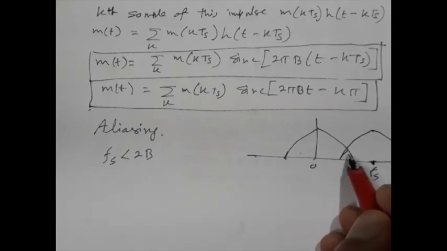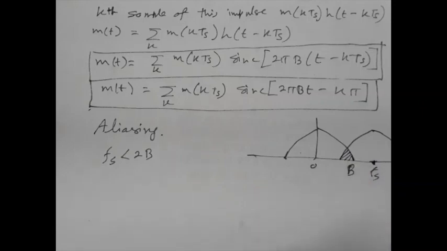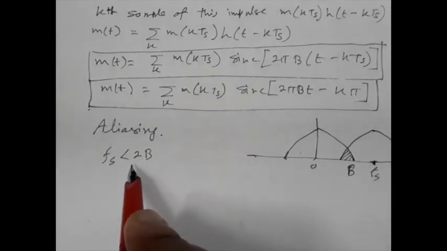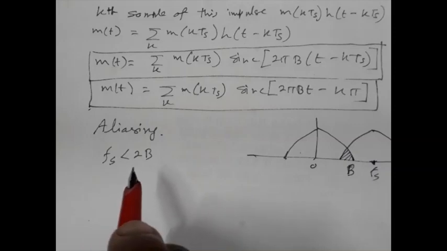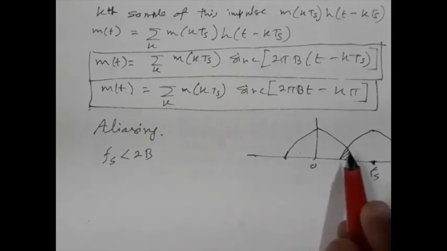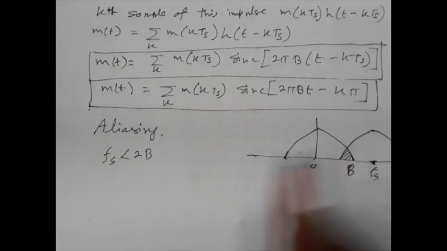So here you can see there is some overlap. When a continuous time band limited signal is sampled at a rate lower than Nyquist rate, the successive cycles of the spectrum of the sampled signal g-bar(t) overlap with each other.